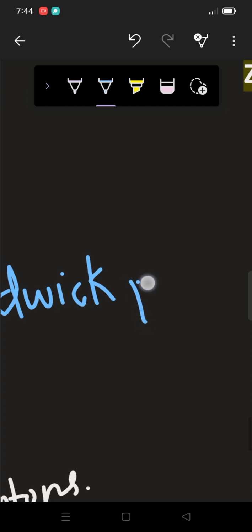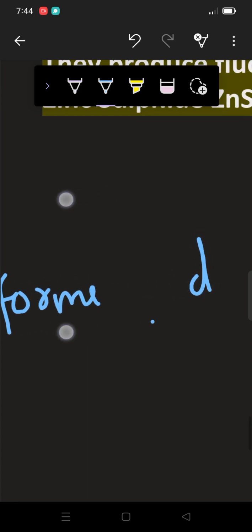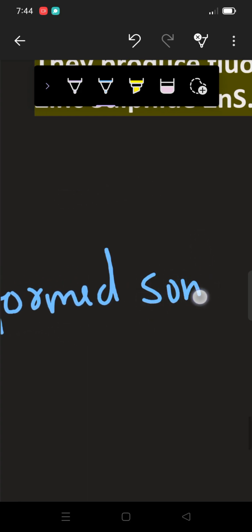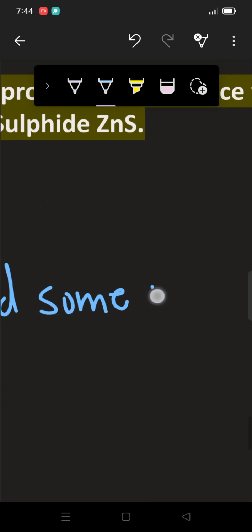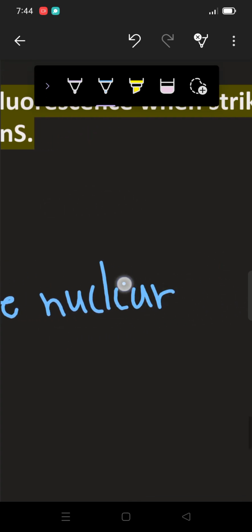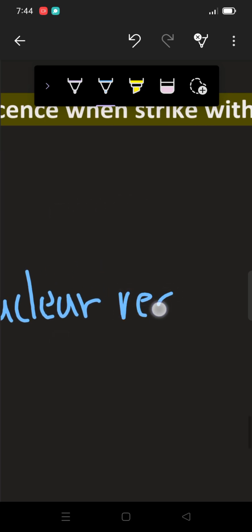James Chadwick performed some nuclear reactions. Now what nuclear reaction did he perform? I am going to tell you the equation of that as well.